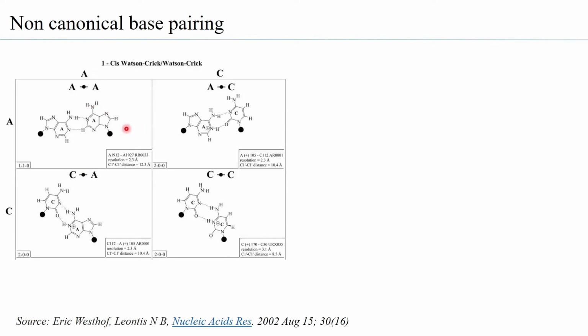Interestingly, what is observed is you can have non-canonical base pairs between two identical purines. When you have A and A, it is called a homopurine interaction. You can also have A and C, which is purine and pyrimidine but non-canonical. You can have C and C, which is again non-canonical, between two identical pyrimidines. So C and C is homopyrimidinic.